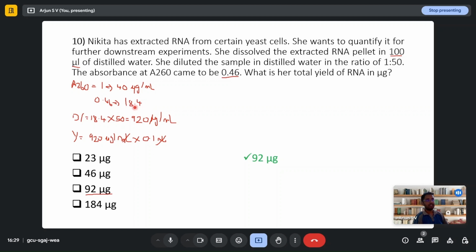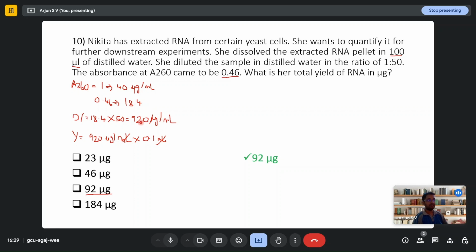And this 18.4 microgram per ml, if we hadn't diluted it by 1 is to 50, then it would have been 18.4 into 50, which is 920 microgram per ml.